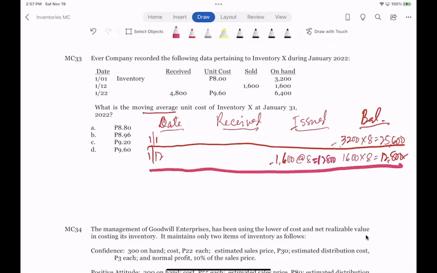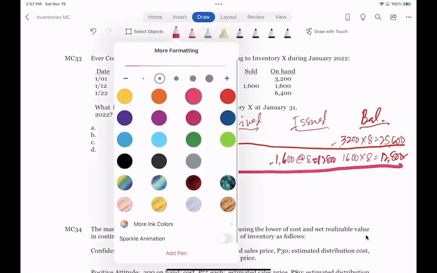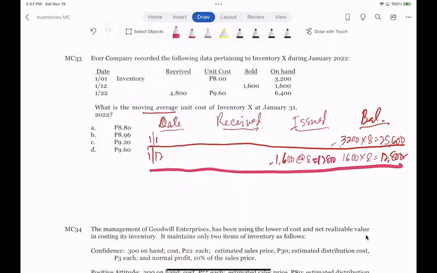And then on January 22, we received 4,800 at 9.60. Therefore, 4,800 times 9.60 is 46,080, such that our balance will be 46,080 plus 12,800. So that's 58,880.